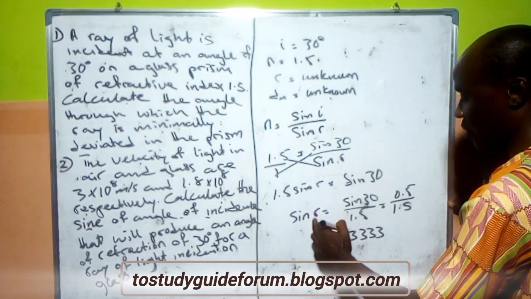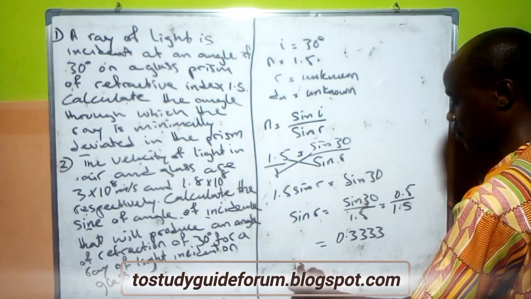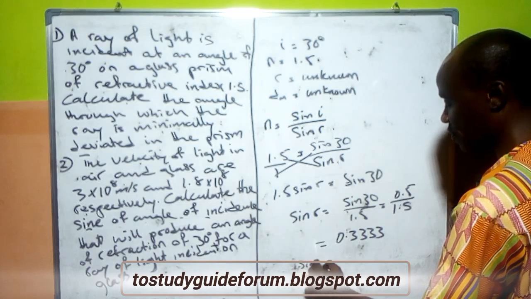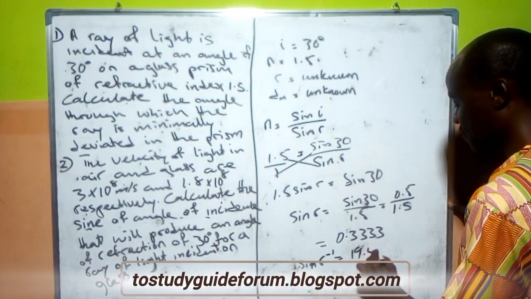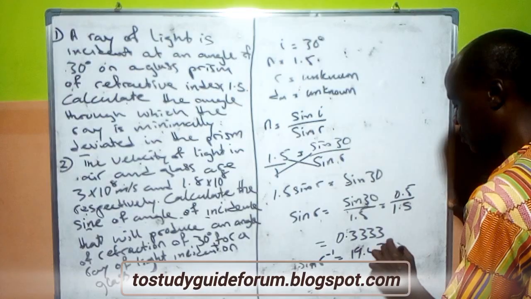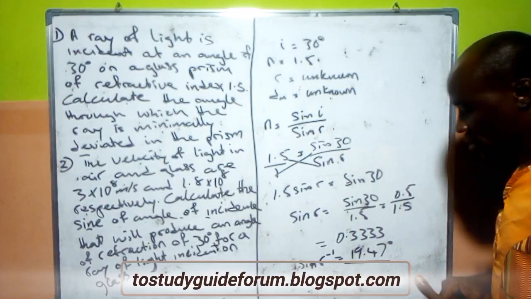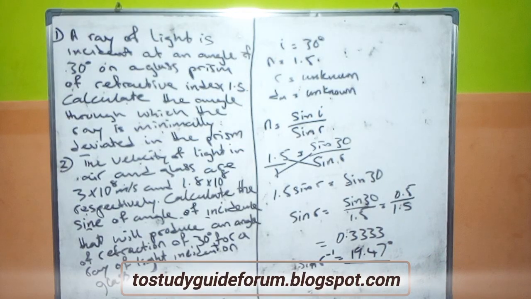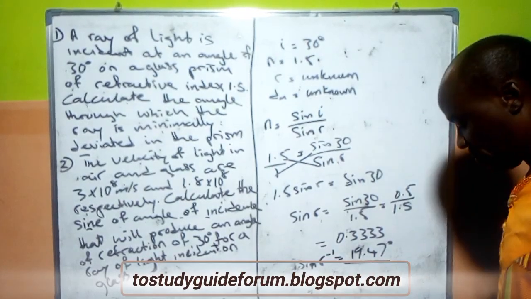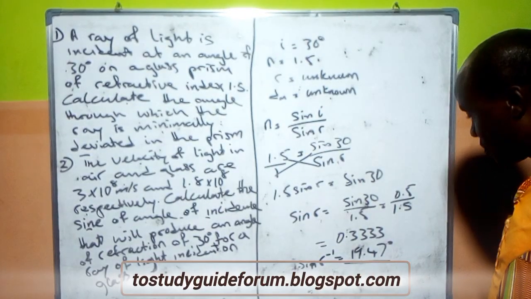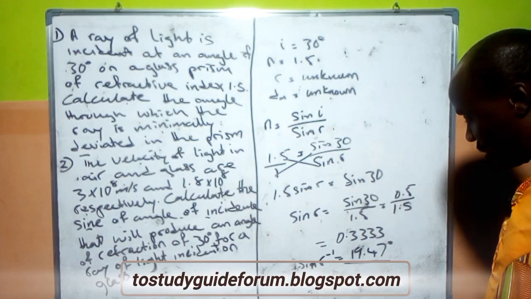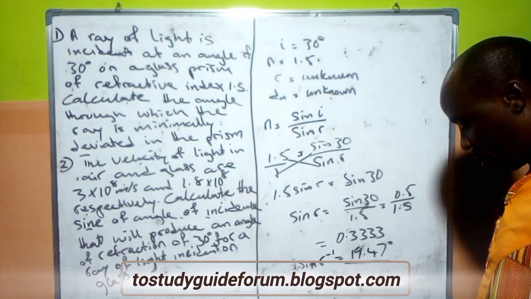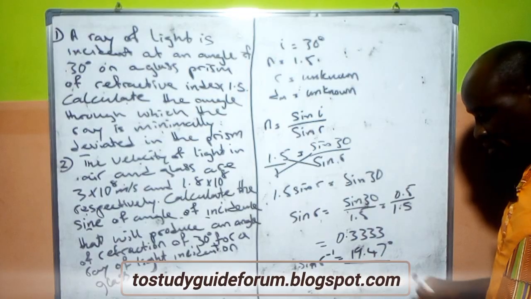Getting the arcsine of this, the angle itself, I think it should be approximately 19.47. Let me just get my calculator. Let's look at that. It's confirming, okay, it's correct. 19.47. That's okay.